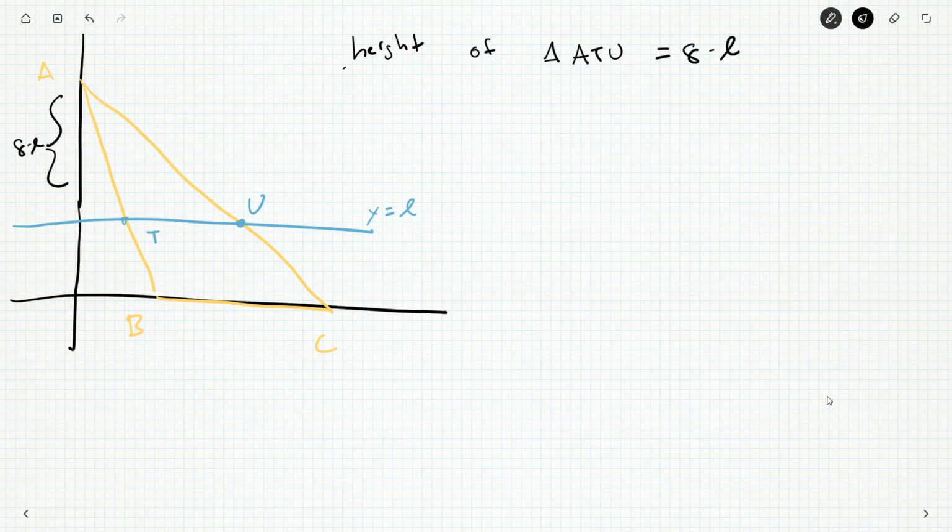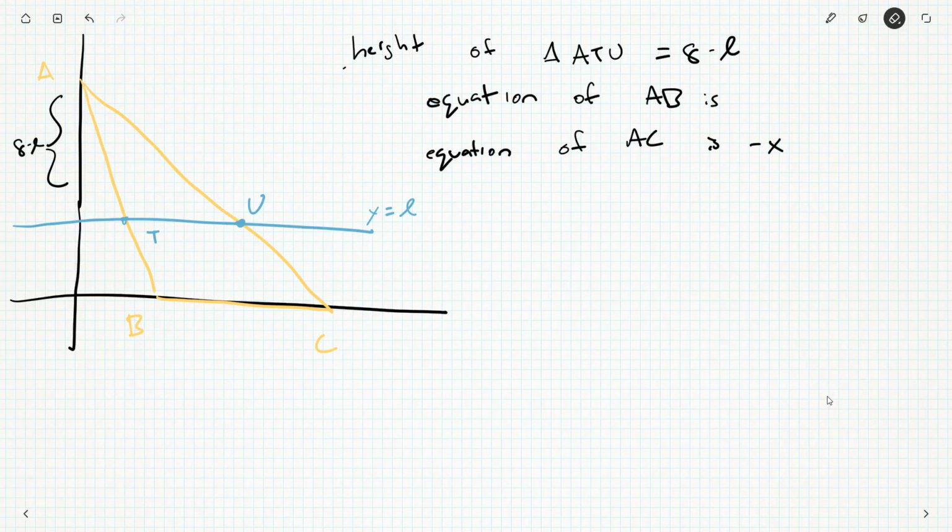Now, the equation of AB is, and the equation of AC, I know the equation of AC already. It's y equals negative x plus 8. And this one's going to be y equals something times x plus 8, just because A is still the y-intercept there.